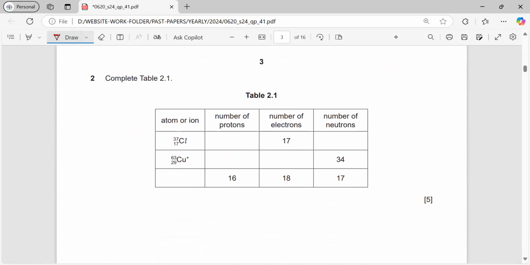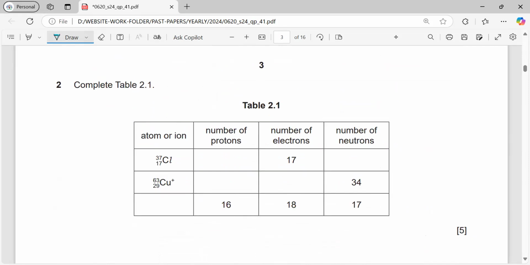Question number 2. We need to complete this table. We have chlorine 37 and 17. So 17 is its atomic number, which is also equal to the number of protons. So the number of protons is also 17.